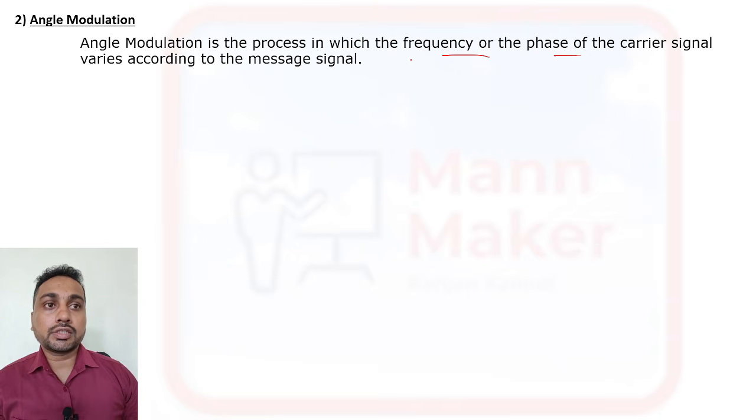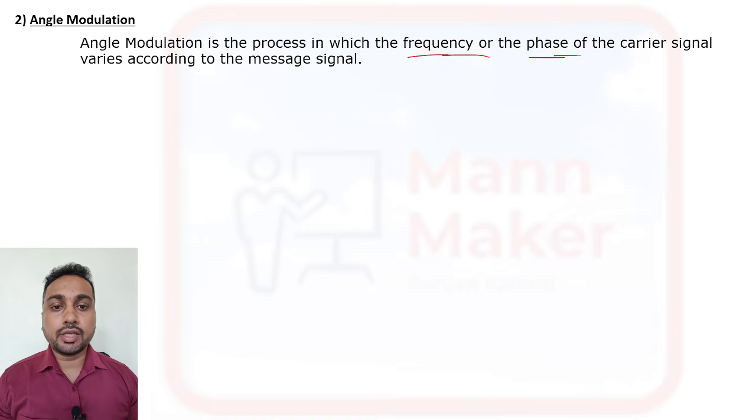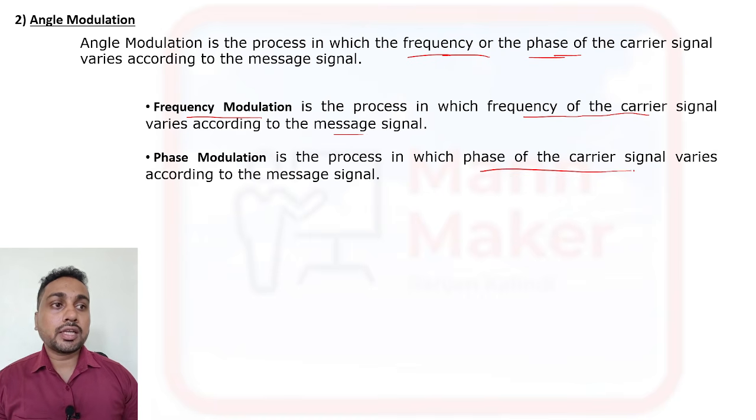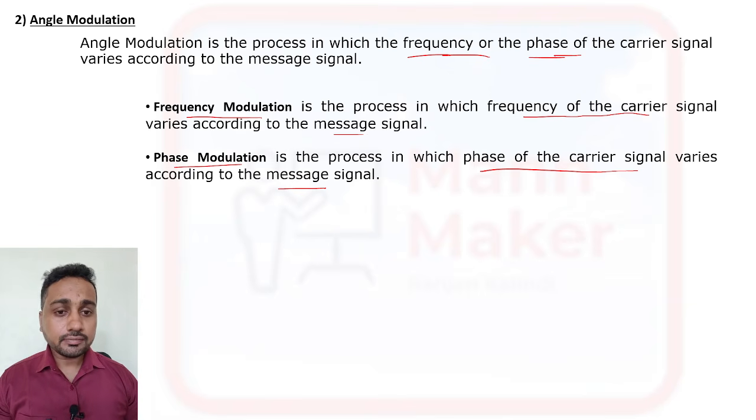Now in angle modulation, either frequency or phase will vary. When the frequency of the carrier varies according to the message signal, it is called frequency modulation. When the phase of the carrier varies according to the message signal, it is called phase modulation.